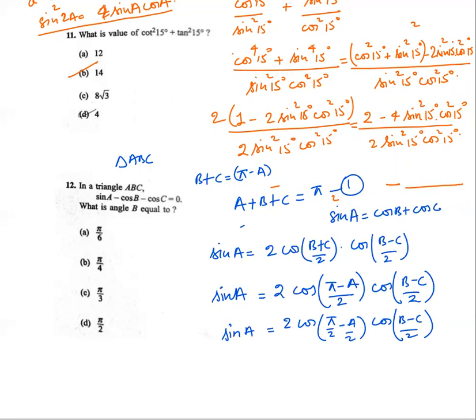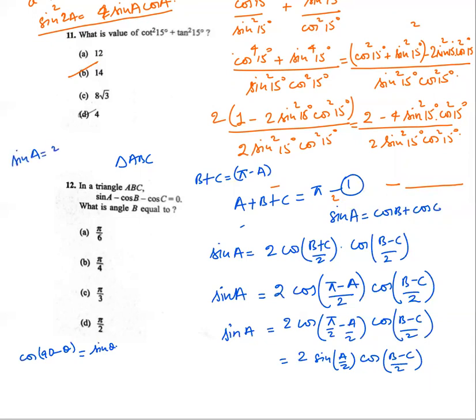So what is cos (90 minus theta)? Cos (90 minus theta) is equal to sine theta. So here we get 2 into sine of A by 2 into cos (B minus C) by 2. And here, sine A, what is the half angle formula?